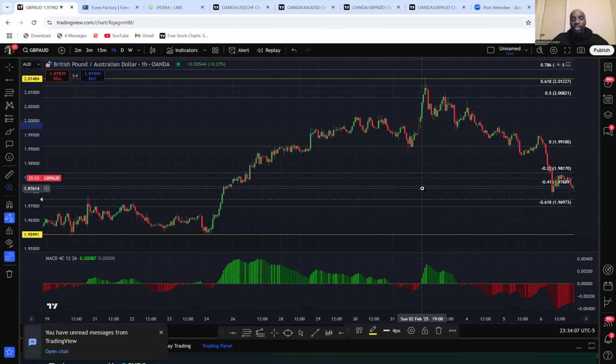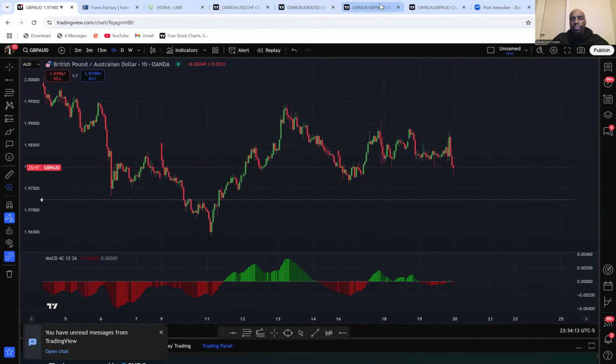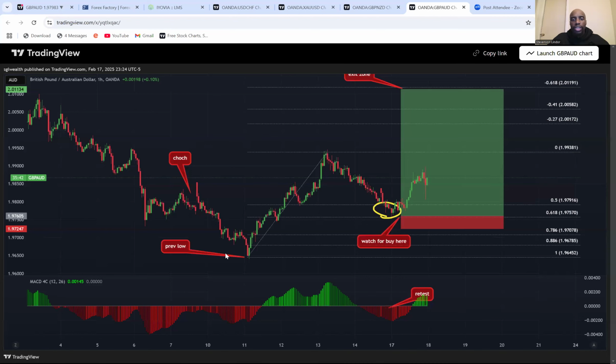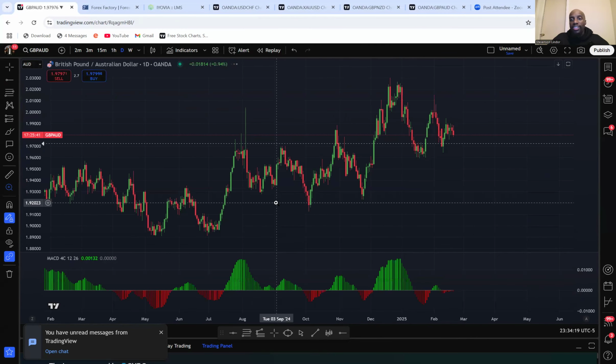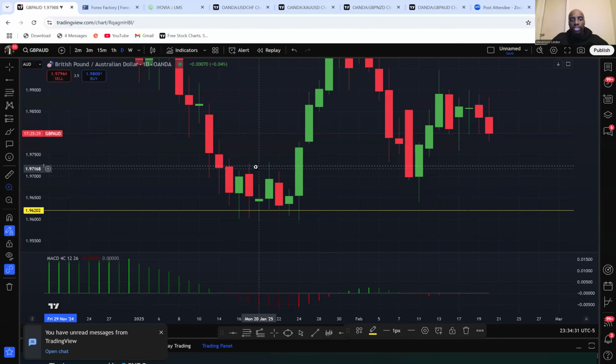So how was I able to grab the buy? I caught the buy setup earlier this week. How were we able to do that? Again, go to the higher time frame. We saw price bounced off this daily retest and came to this demand zone, and as you can see, there was a close above.